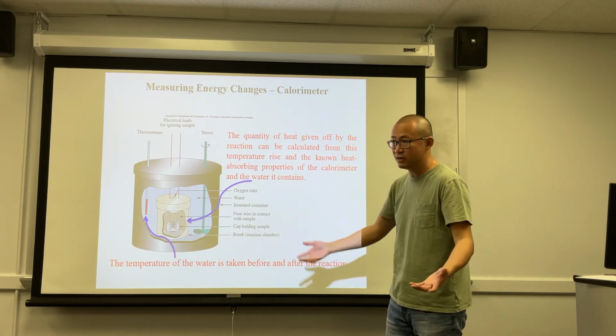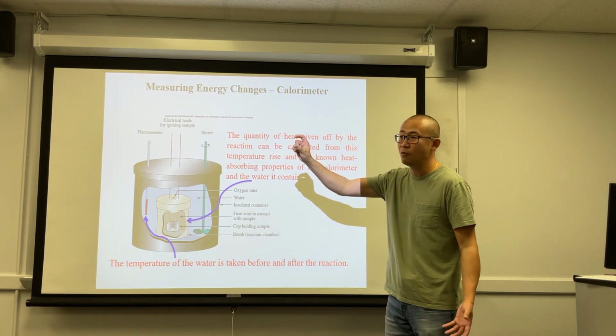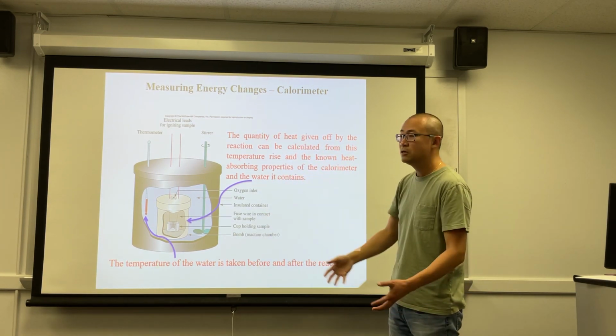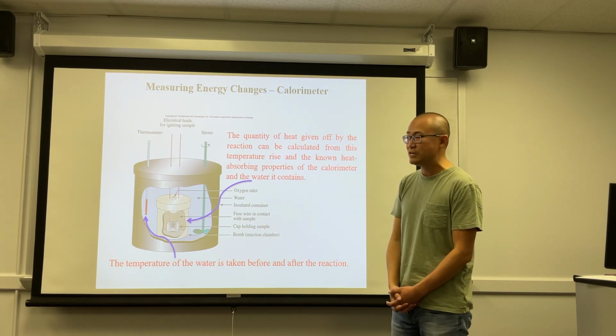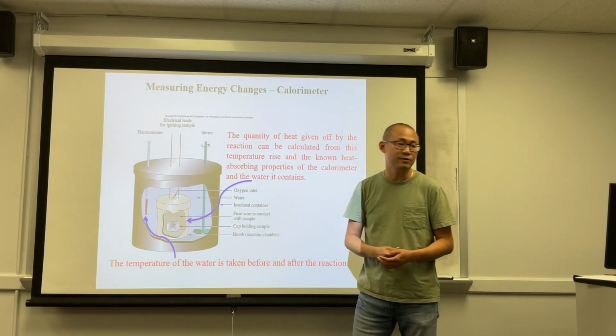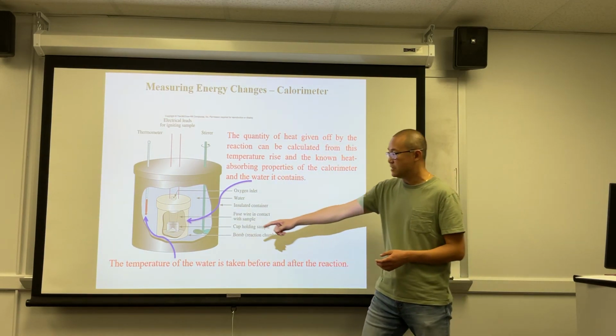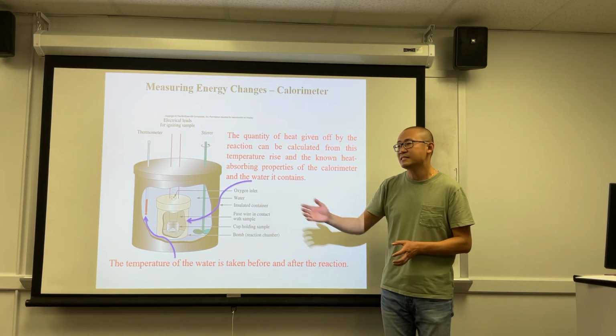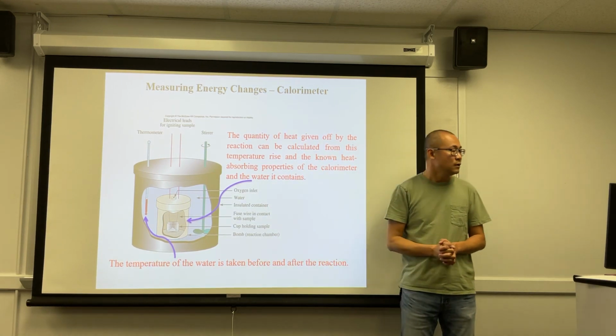Then you just multiply by how many degrees the water increased, and you figure out how much energy is absorbed by the water. And again, the energy causing the water temperature to rise is from that reaction. Does it make sense? So that's again the principle of this calorimeter.